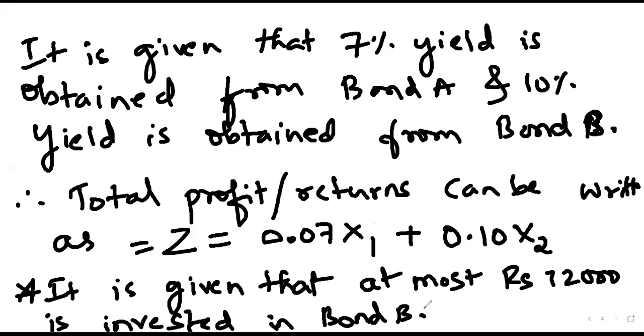So can anyone tell what will be the equation for this? At most 12,000. That means the maximum itself is 12,000 in bond B. The equation here.